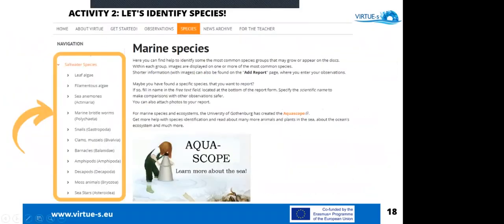And for saltwater species, there is an additional resource created by the University of Gothenburg. I'm talking about the Aquascope, which is a platform where you can find extra resources that may help you with species identification. And also you can find extra information about biology and ecology of many more marine animals and plants, as well as their habitats or marine ecosystems.